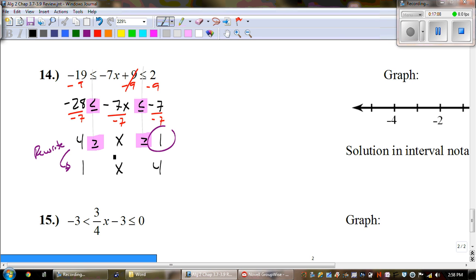X is still in the middle, the 1 comes up front, and the 4 goes to the end. Now, as I'm looking at these two, the x is greater than or equal to 1, the inequality is pointing at the 1, so I need to make sure it's still pointing at the 1. Same thing with the 4. The inequality is pointing at the x, so I'm going to make sure it is still pointing at the x.